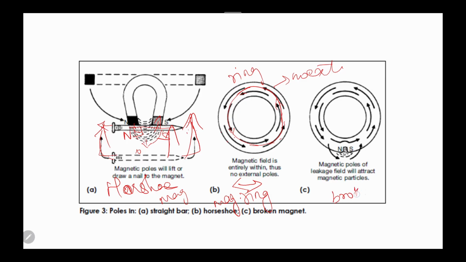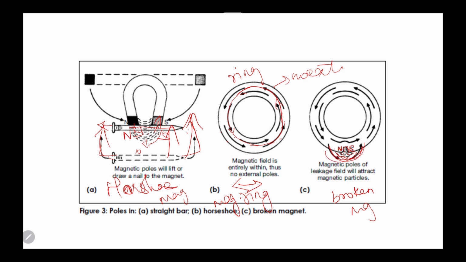Third one is broken magnet. When the ring magnet is broken or damaged, the closed loop magnetic circuit is interrupted. At the break, north and south poles form. The magnetic flux leaks out into the surrounding air.